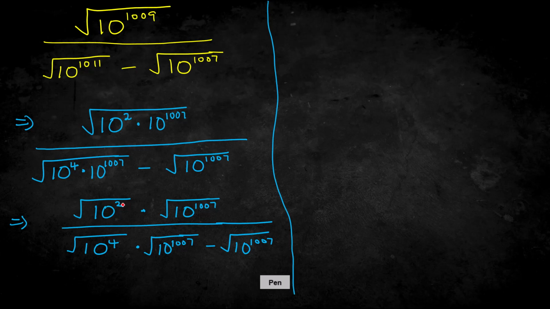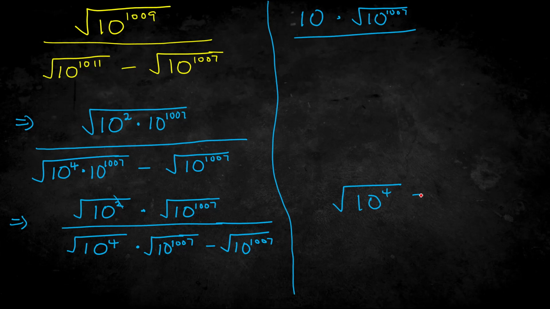Okay, so this side will go, so I will leave it 10. Okay, you have 10 times square root of 10 raised to 1007 over, so this side is the same as, now when you're given square root of 10 raised to 4, the same as 10 raised to 4 times half.